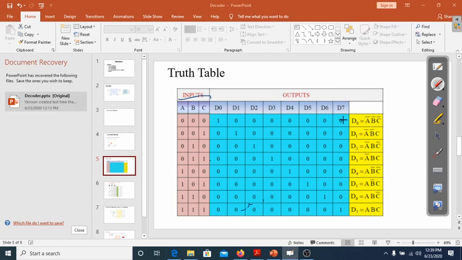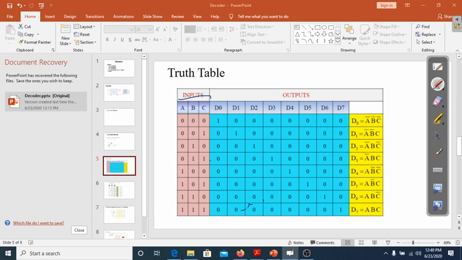So in this way we can write their combinations. D0 is equal to A complement, B complement, C complement. D1 is equal to this minterm, A complement, B complement into C. In this way D7 is equal to A and B and C. Now from these outputs D0 to D7 we can easily draw the combinational circuit.